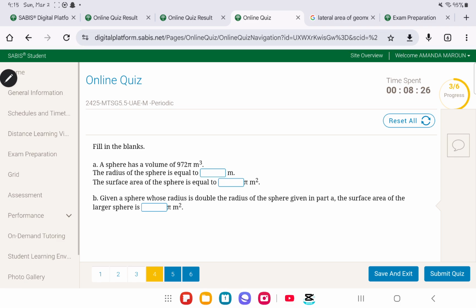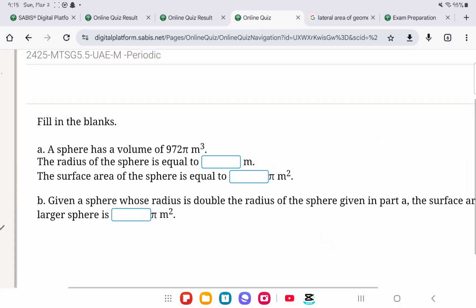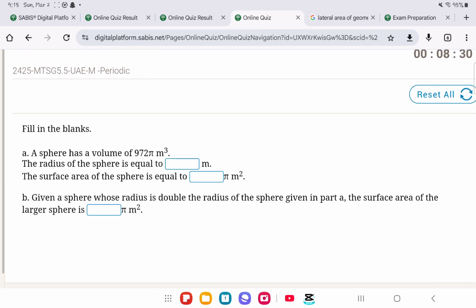We move on to question number 4. This is also a very nice question. A sphere has a volume of 972 pi meter cubed. We know that the volume of any sphere is 4 over 3 pi r to the power of 3. So we can find the radius of the sphere very simply by equating them.